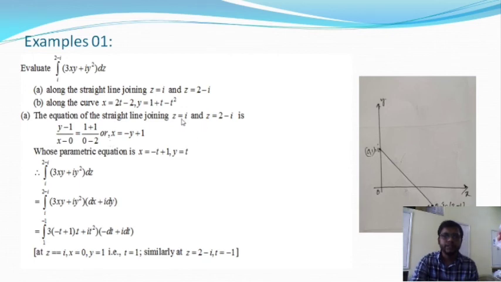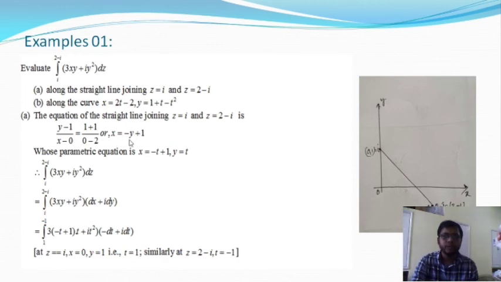The straight line which passes through these two points is given by (1 minus (minus 1)) by (x minus 0)... equal to (1 plus 1) by (0 minus 2), and after that we will get x equal to minus y plus 1.